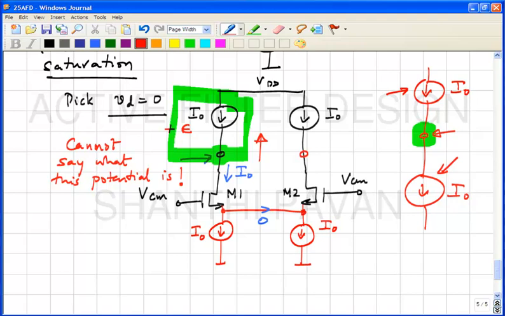If you want a current pushing up, you must have a PMOS transistor operating in saturation. And when does a PMOS transistor operate in saturation? Only when the drain is sufficiently low compared to the source. Is that clear?